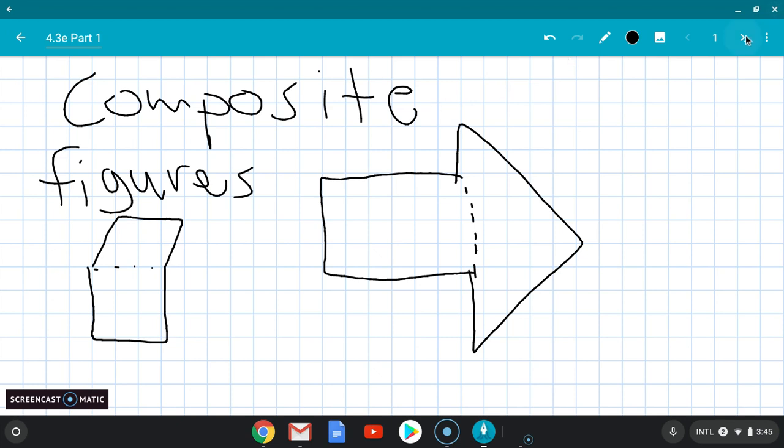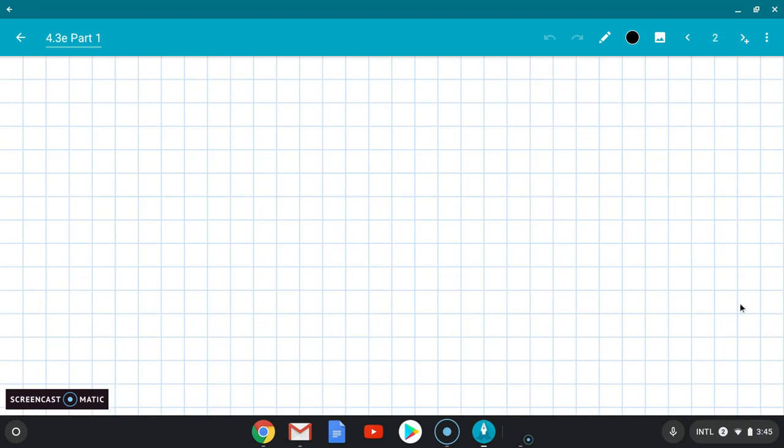All right, so let me give you an example. Say I have a composite figure. I'm going to put the top side up here. It's going to be 4. Let me redraw that line.